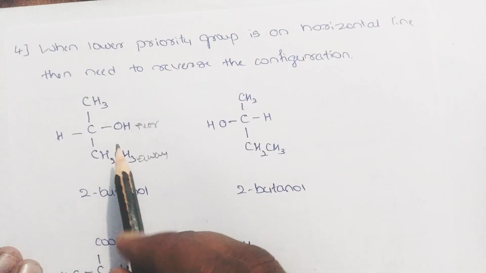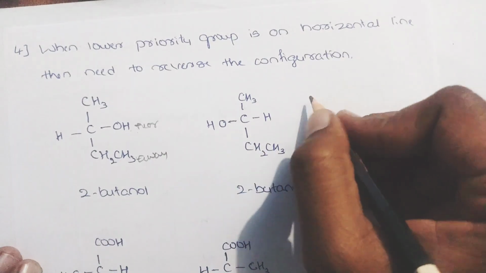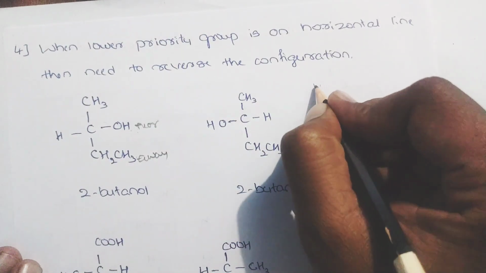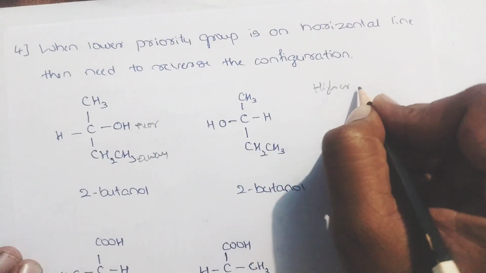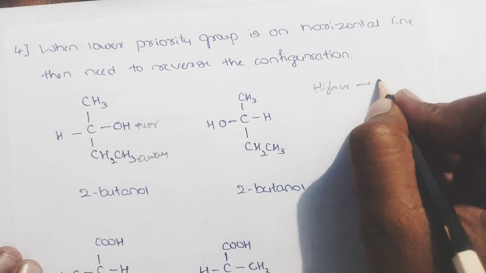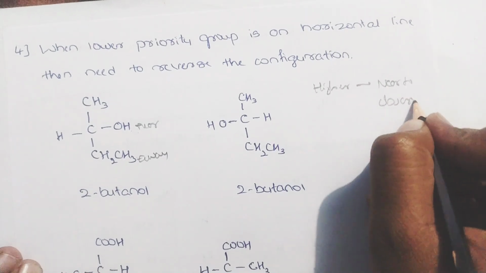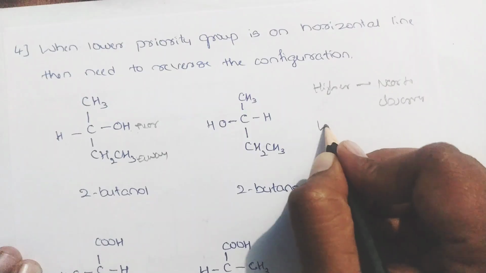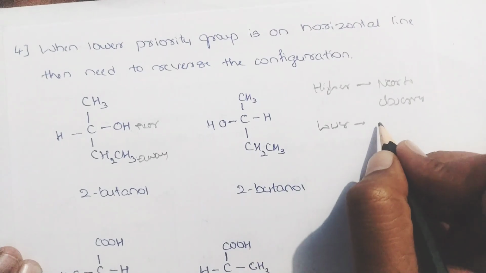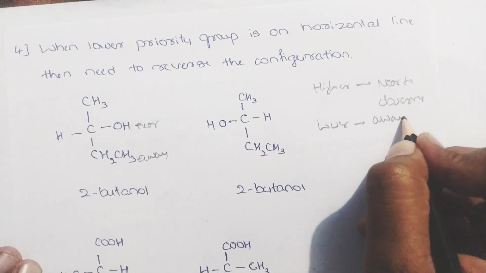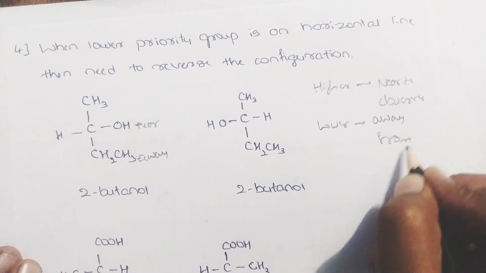Got it? See, higher priority groups always should be nearer to the observer, and lower priority groups always should be away from the observer.